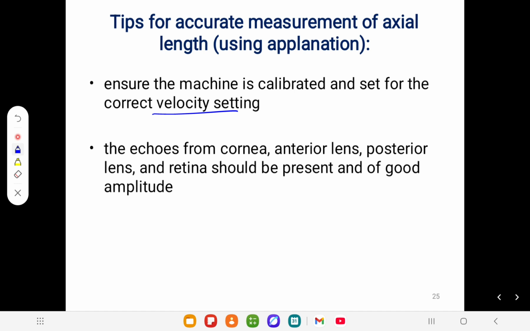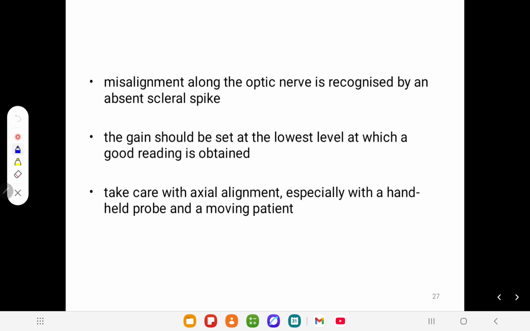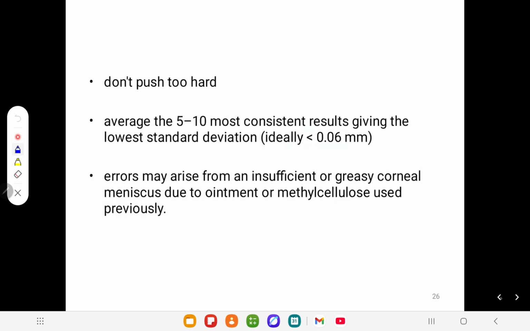Echoes from the cornea, anterior lens, posterior lens, and retina should be present and of good amplitude. It's very important. Okay, let me show you. Wait, don't push too hard. That's the very first mistake that early students always make. The students are making this mistake like crazy.